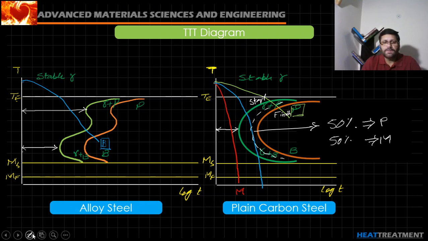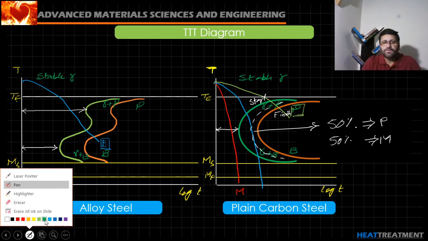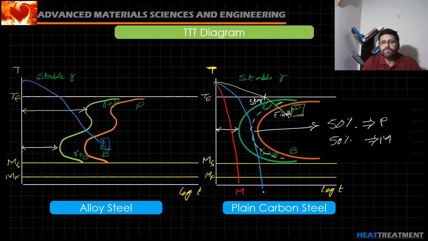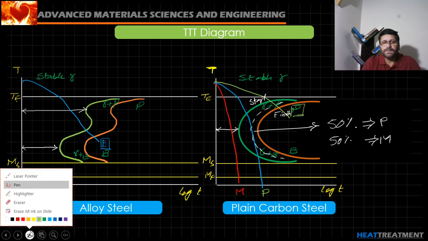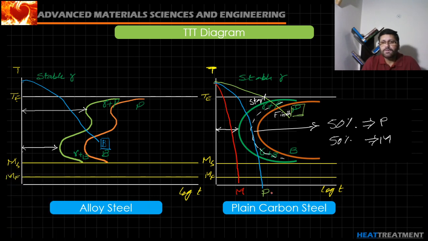At the end we are going to have this pearlite plus this martensite. So for plain carbon steel, we cannot produce bainite just by continuous cooling. So with this we end our discussion here.